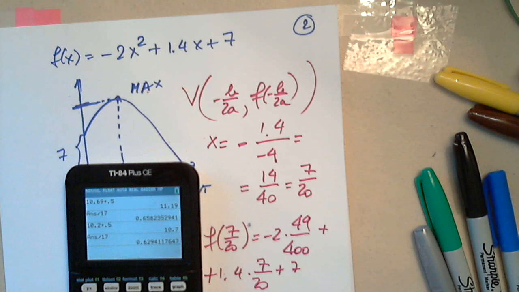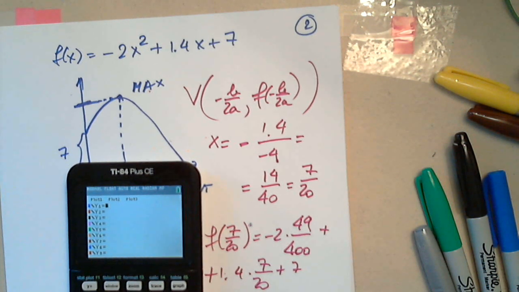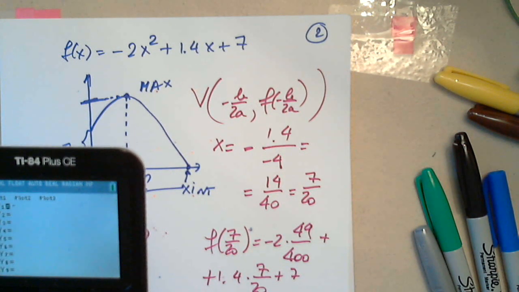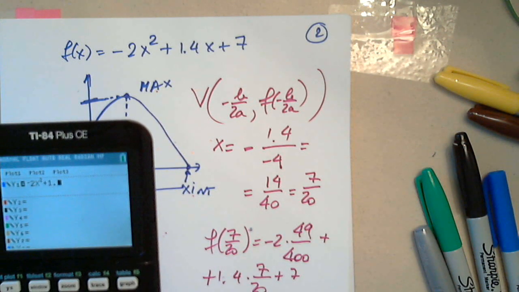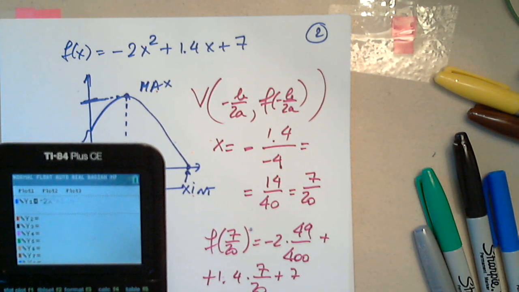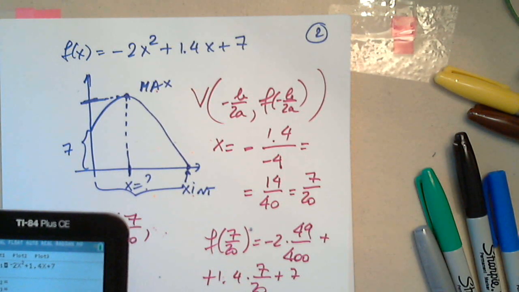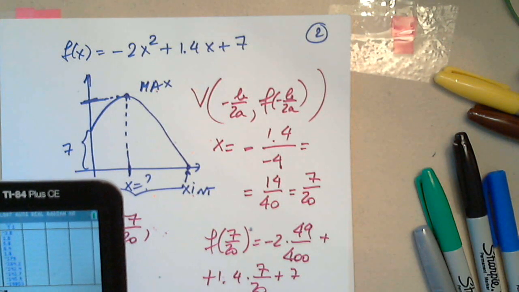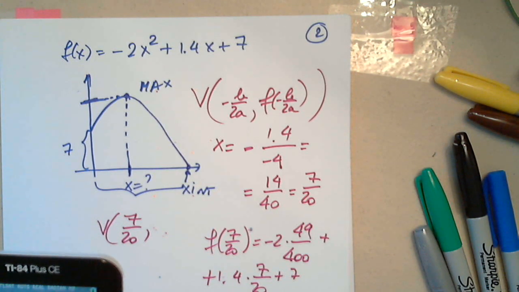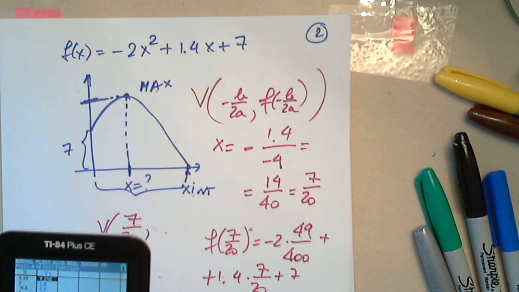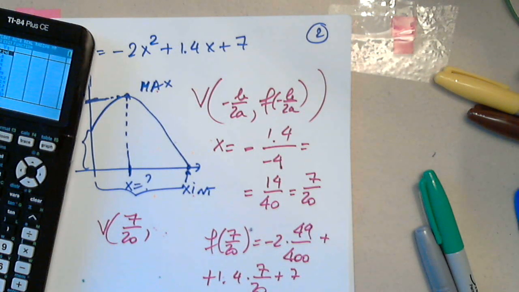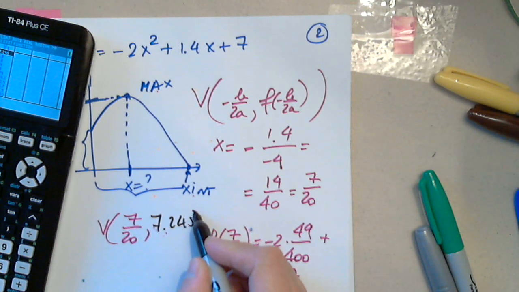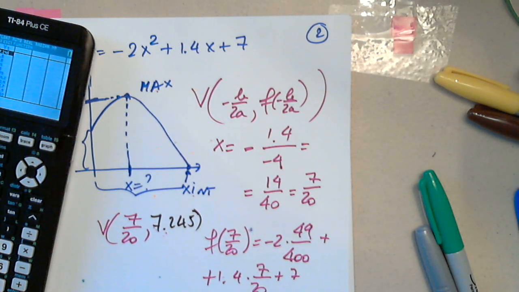So then in this function, I plug it in, y equals. I will plug in the function as -2, and now x squared, and then plus 1.4x, and then plus 7. And then when I go to second and table, I will plug in 7 over 20. That's all I care about. And I get 7.245. It doesn't matter what you plugged in, because I think it's asking you to round.